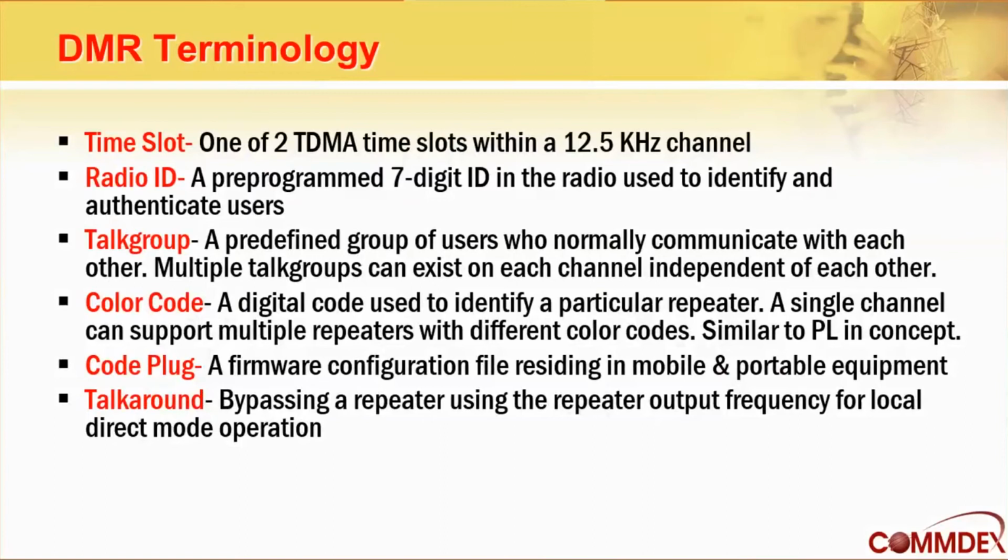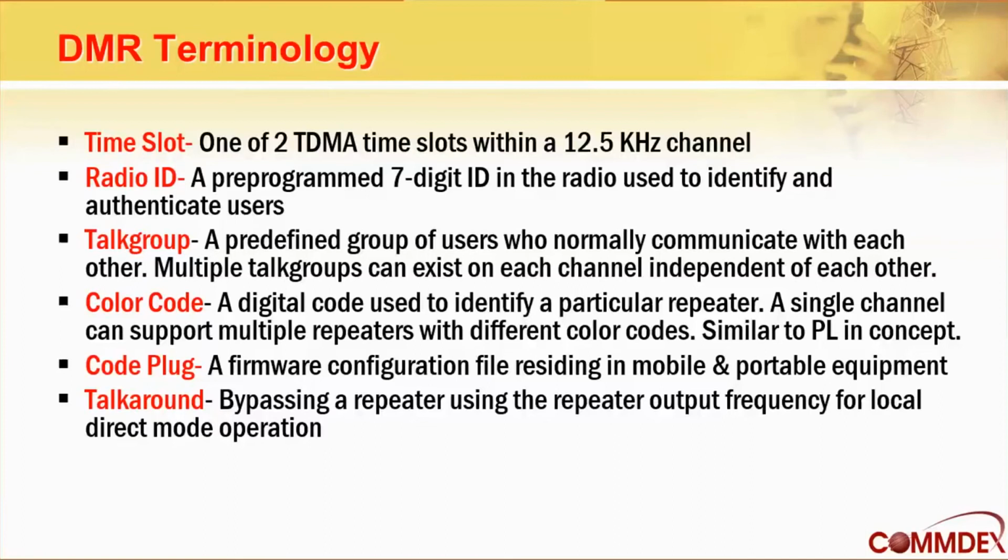A radio ID, just like P25 radios have an ID, in DMR, each radio has a 7-digit ID, which is unique to that radio and that system, used to identify and authenticate users. Same as P25 does it. Talk group, same thing that P25 does. A predefined group of users normally communicate with each other, and you can have multiple talk groups existing on each channel independent of each other.